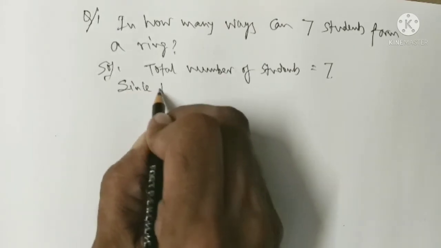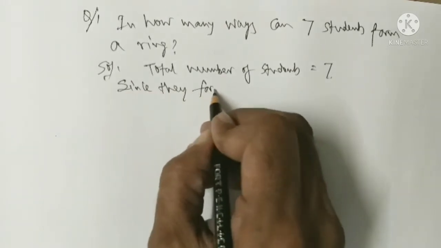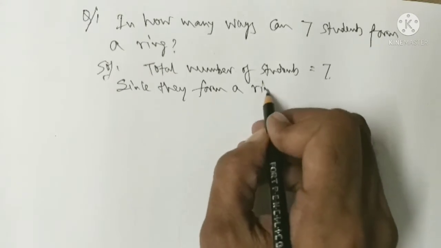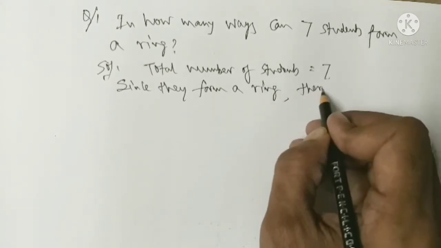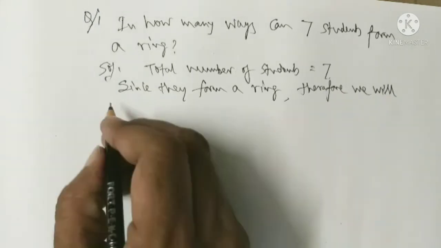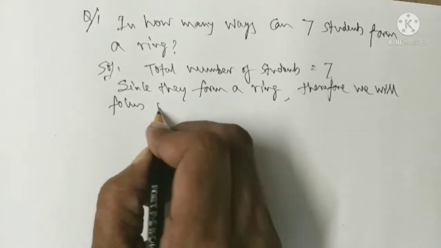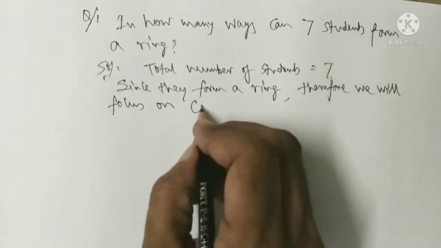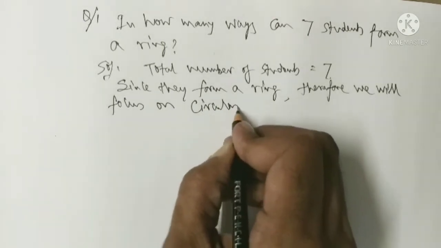Since they form a ring, therefore we will focus on circular permutation.